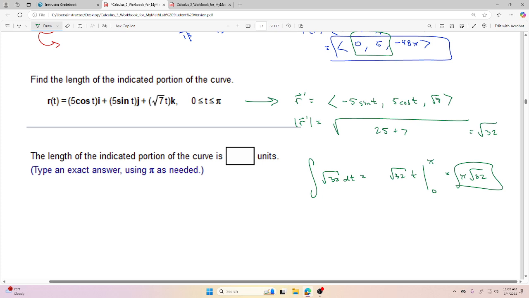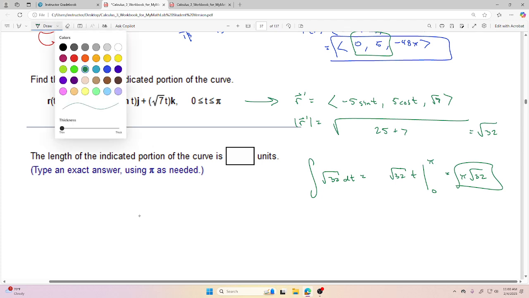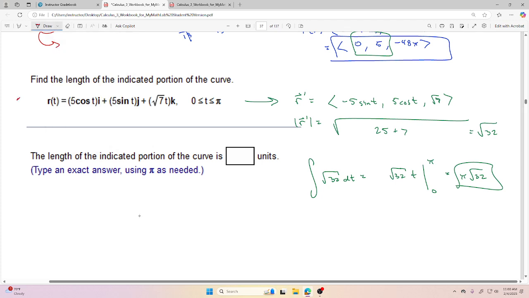Again, magnitude of R prime, notice that again we have this circle action, which just turns into the 25, right? So I can skip that step, and square root of 7 turns into 7. Cool. Integral of whatever without a t, you just add a t in there. Plug in your numbers. 0 cancels.